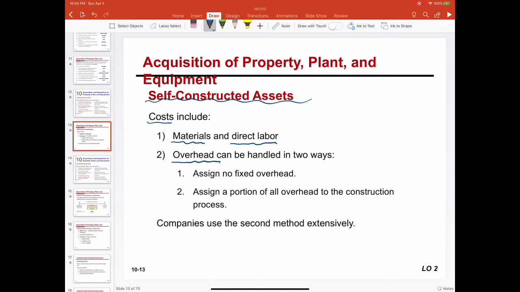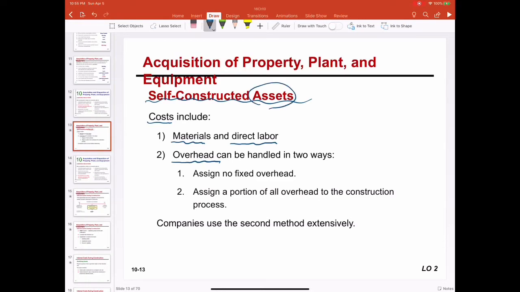This is very similar to what we learned in managerial accounting. Constructing property, plant, and equipment is similar to producing a product. To manufacture the product, we should include the direct material, direct labor, and the manufacturing overhead. Here is very similar because overhead cost usually does not have a direct relation with the specific asset construction.